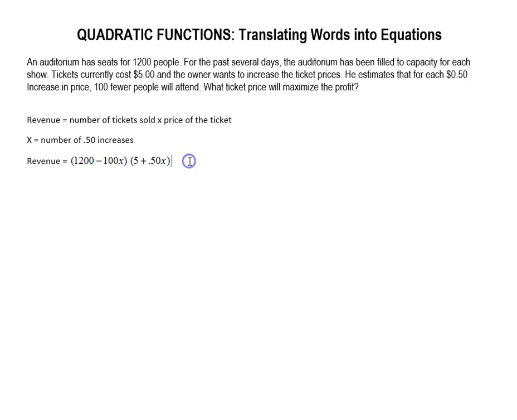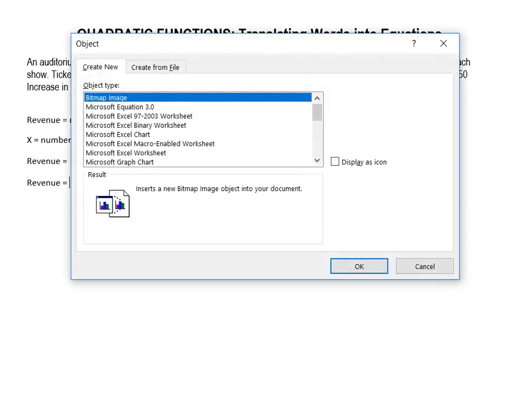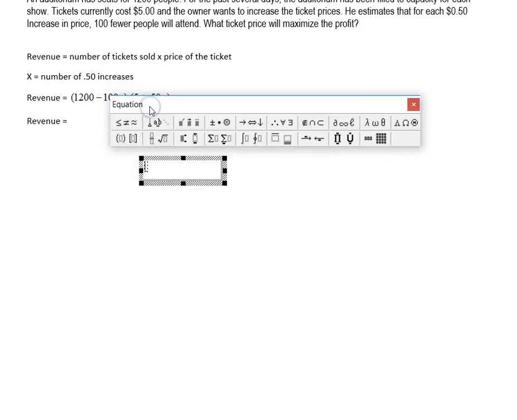So we know, let's just do a quick FOIL here, that the revenue is going to be equal to 6,000. So 1,200 times 5 is 6,000. Let me just put this in the equation editor. It's always a little bit easier, I think. It looks better. So it's going to be 6,000 plus, when I do the 2, it'll be 100x, right?